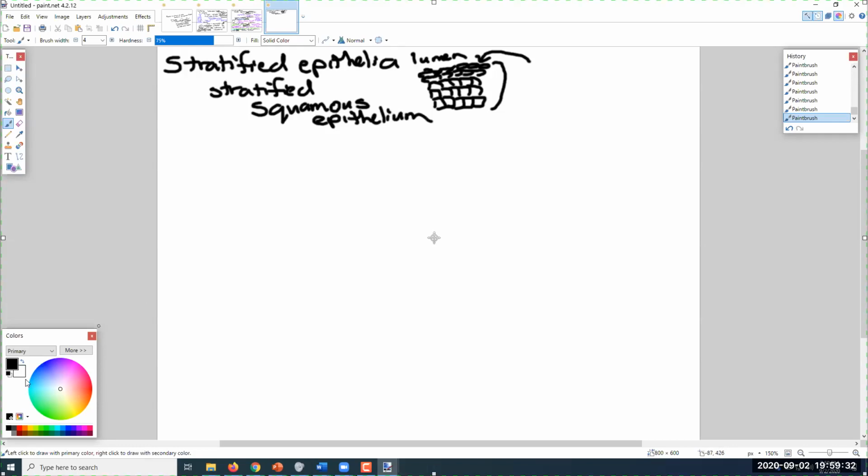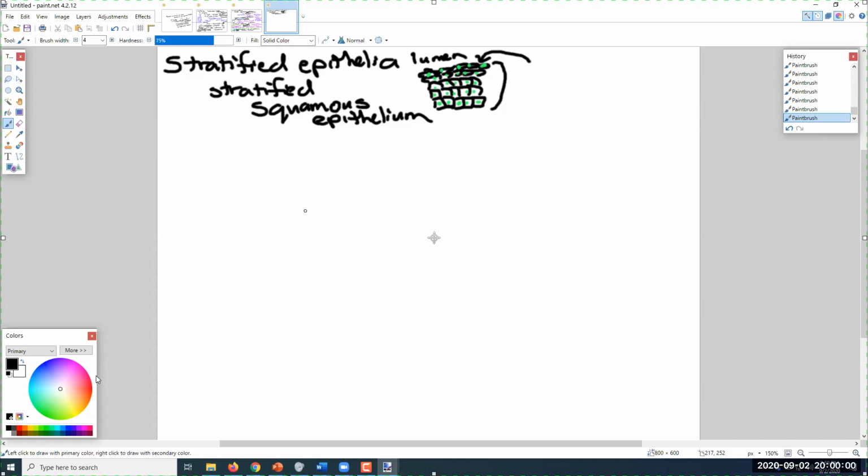Okay, I'm going to be drawing in the nuclei in this just because I'm going to try to emphasize something in a second. Okay, so all of these have nuclei. The reason why I put these nuclei there is because there's two types of stratified squamous epithelium.